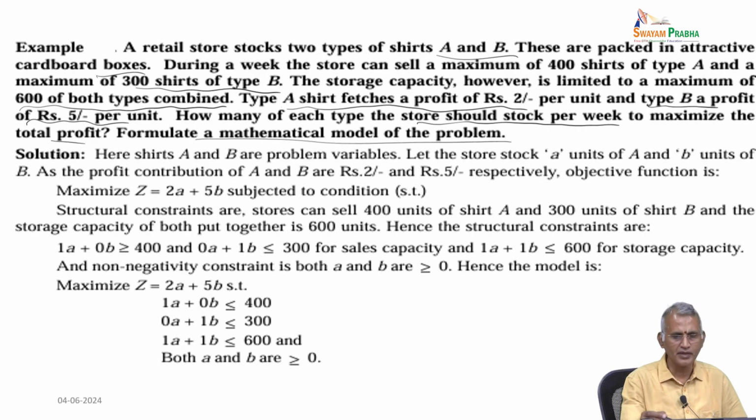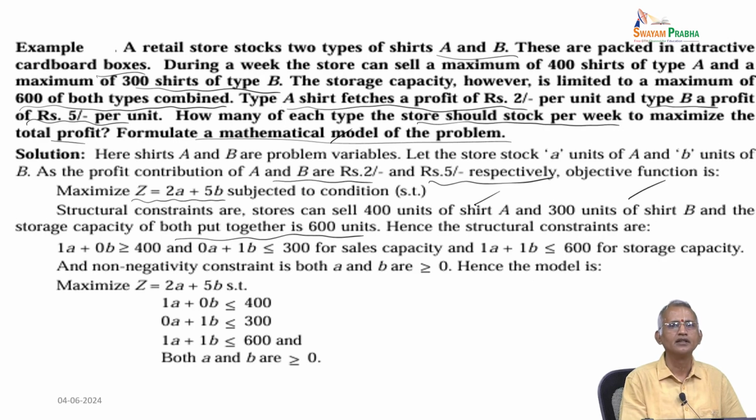Here, shirts A and B are the problem variables; let the store stock A units of A and B units of B, as the profit contributions of A and B are 2 and 5 respectively. So, the objective function is Z = 2A + 5B subject to the constraints. According to the given problem, the structural constraints are: the store can sell 400 units of shirt A and 300 units of shirt B, and the storage capacity put together is 600 units.